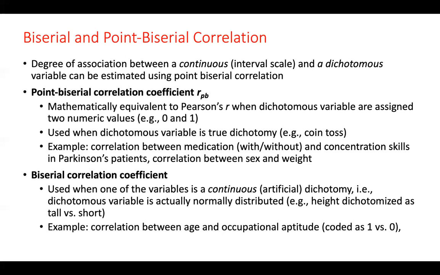What the biserial correlation coefficient does is estimate the true Pearson correlation between the two variables, as if the second variable that has been converted into a dichotomy was continuous. Normally, if you have a dichotomous variable, your correlation will almost always be lower than with two continuous variables, simply because you're losing information. The biserial correlation coefficient will correct for that.